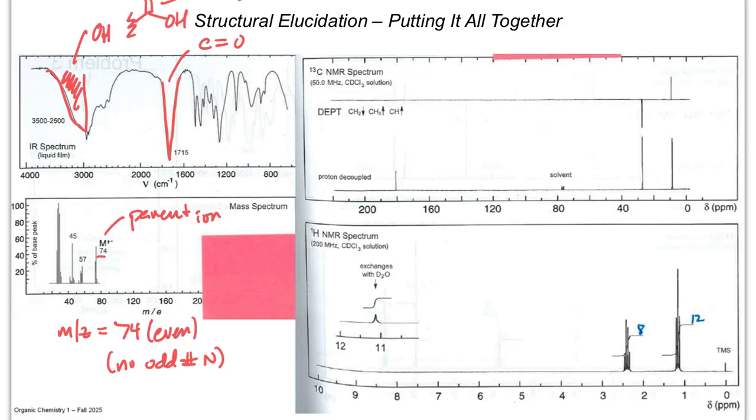The other sort of clues to look for, it's kind of hard to see, the M+1 and M+2 regions, there's really nothing there that is diagnostic for a halogen, so specifically chlorine or bromine. We would see a significant M+2 and it would be listed there. So there's no chlorines, there's no bromines.